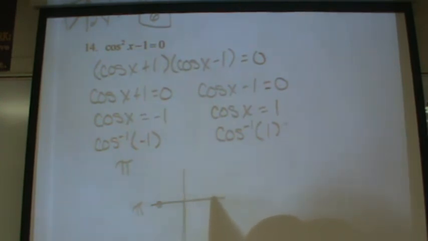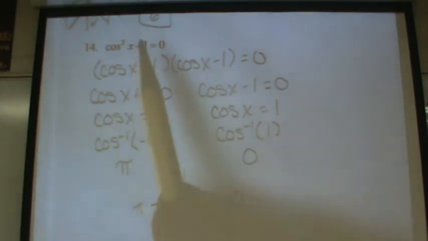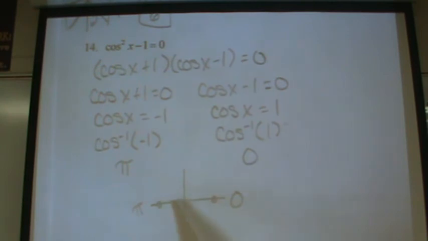And that's here at 0. Remember, we're looking at 0 to 2 pi. So the answer for that one is 0. So our two angles are pi and 0 for this one. Those are the only spots for each one where they equal negative 1 and 1. So you get pi and 0.